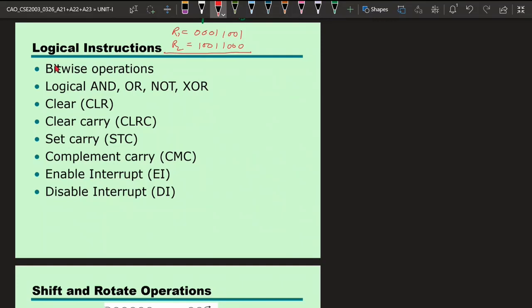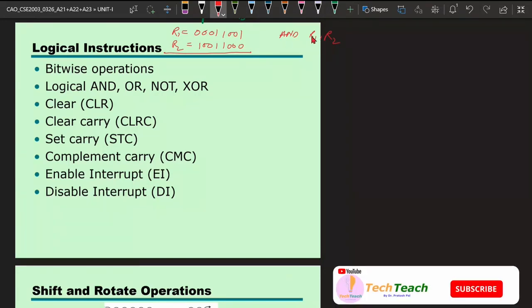So in case of logical instructions, it is going to perform bitwise operations. If we want an AND operation, AND will be used. So AND R1 comma R2, and it is going to store the result into R1 itself.